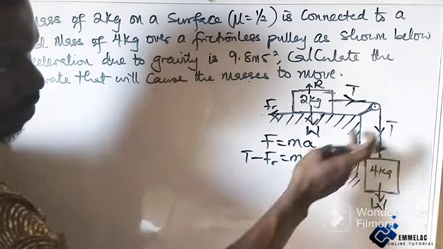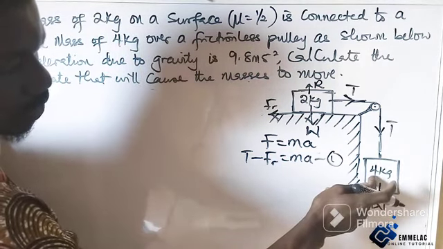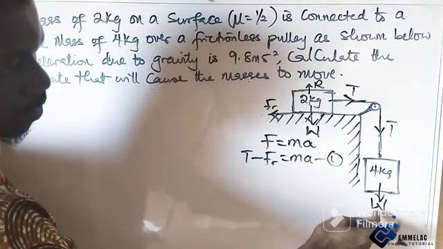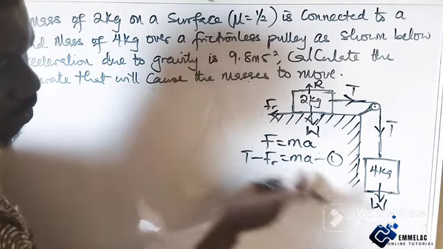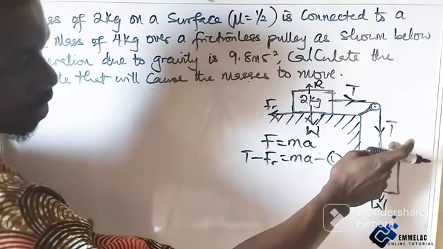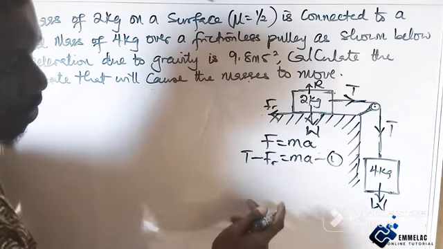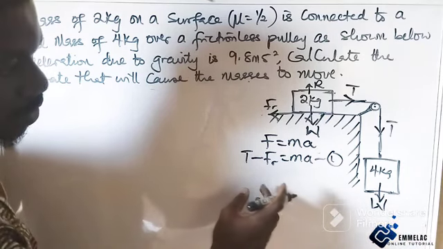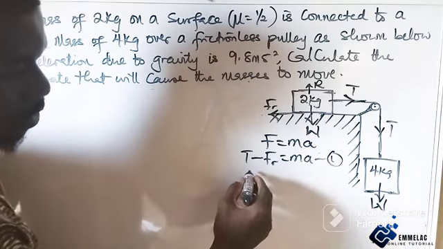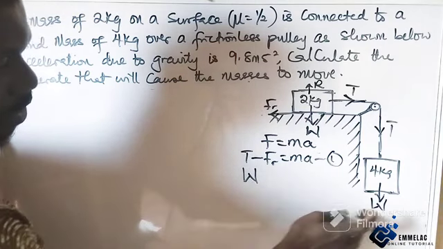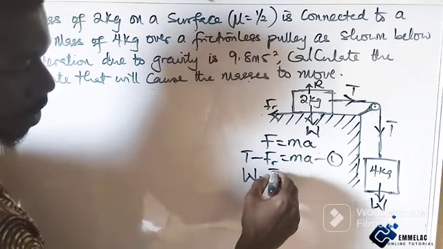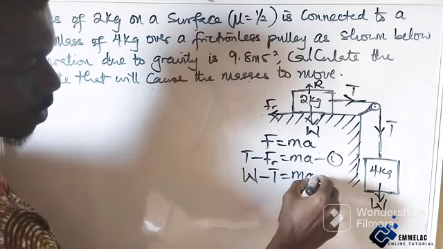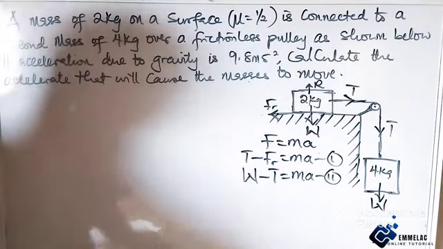And take note, in the same vein, if this one tends to move, following this law, this will be greater than this. And as such, we have that the weight minus the tension equals MA, equation 2.